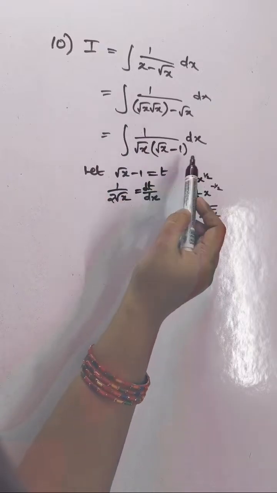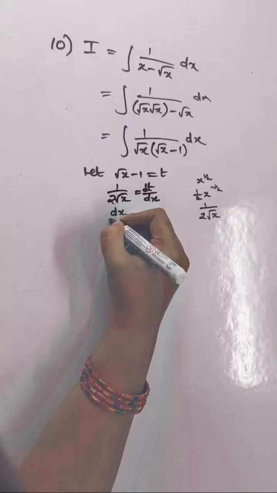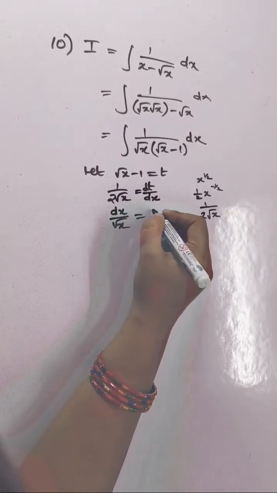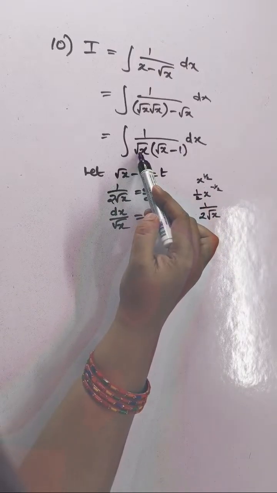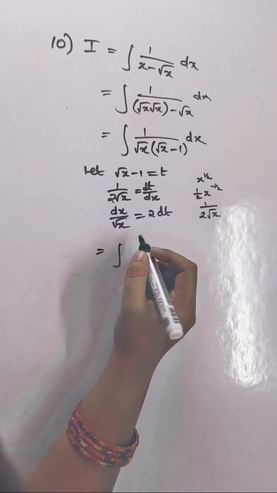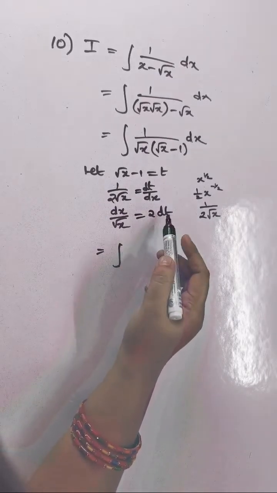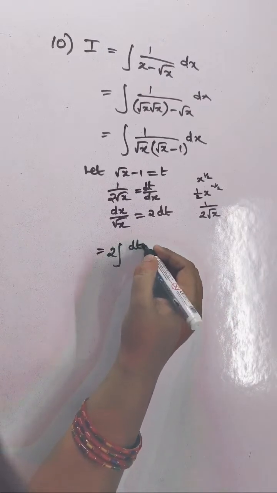And since we have no 2 here, take 2 to the left side and dx to the left side. So here dx by root x equal to 2 into dt. So dx by root x is one term, 1 by root x minus 1 is the other term. So now dx by root x can be written as 2 into dt. That 2, since it is in product as a whole, you can take it out.